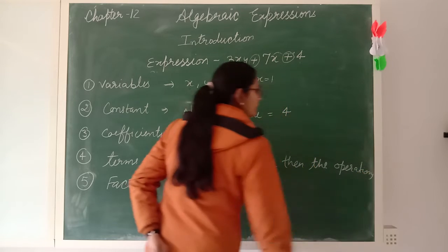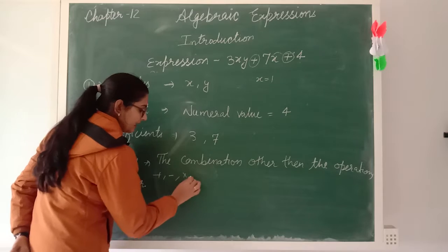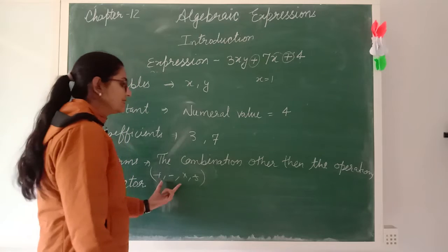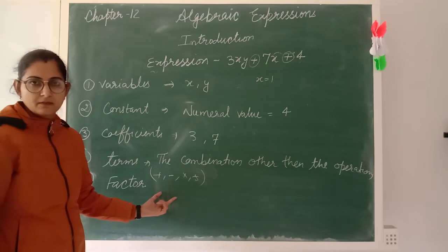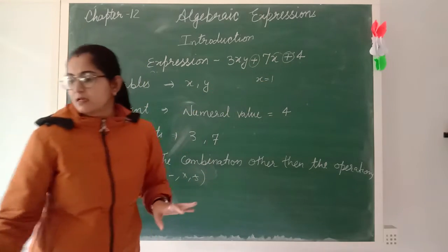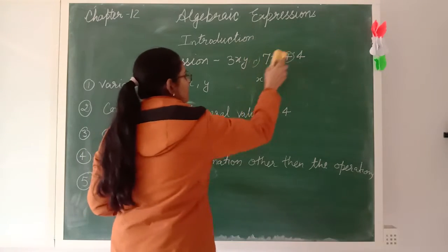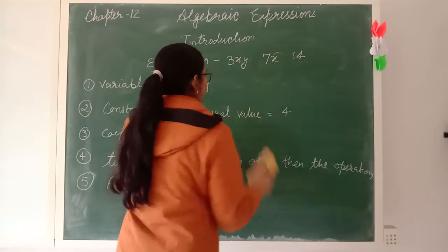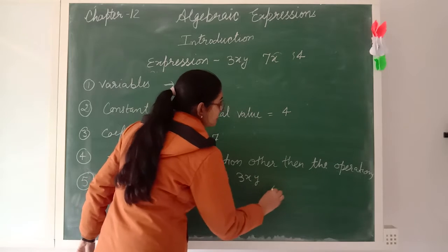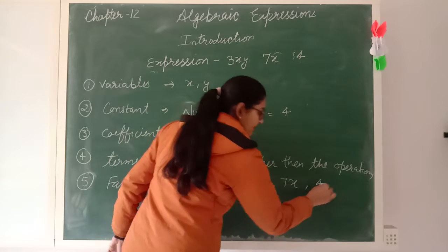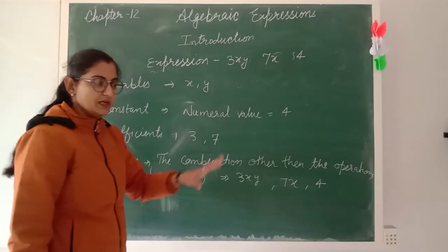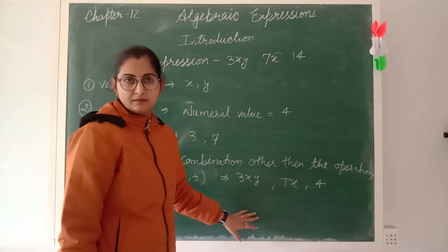Operations means the plus, minus, multiply and divide symbols that we use. The combination present here other than the algebraic operations. Like, if we remove these plus signs, suppose we remove this plus, what we have left here is 3xy, 7x and 4. So these are the terms. If we remove plus and minus, the algebraic operations, from the expression, then the remaining ones are terms.